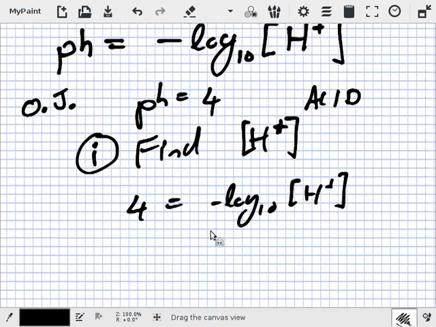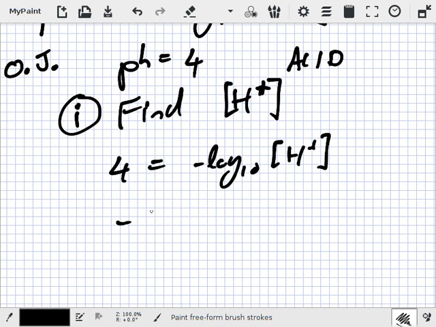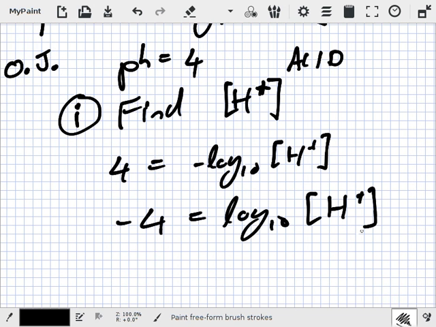So what I'll do first is I'll multiply by minus 1. So I get minus 4 equals log base 10 of H plus. And then you just have to remember what logs mean. So log means 10 to what power here? 10 to the minus 4 equals H plus.